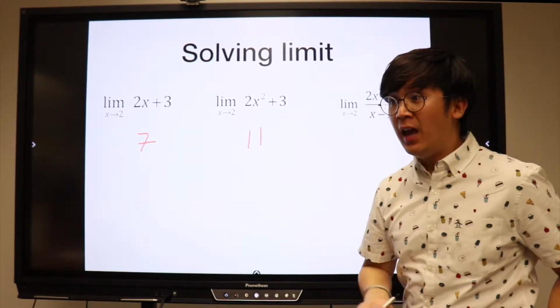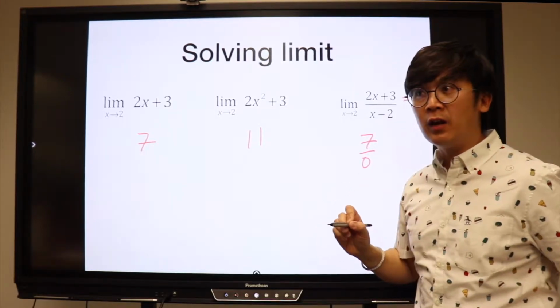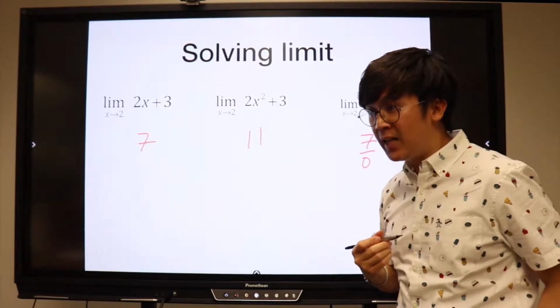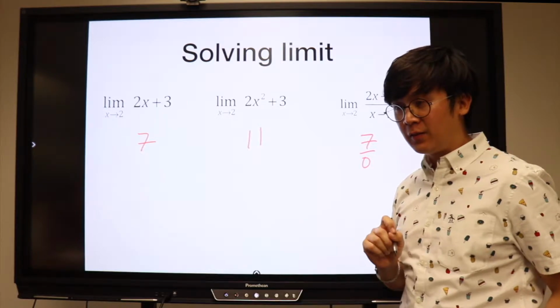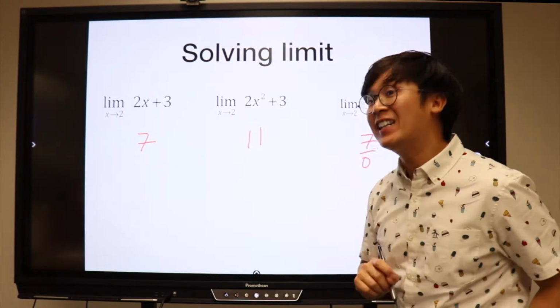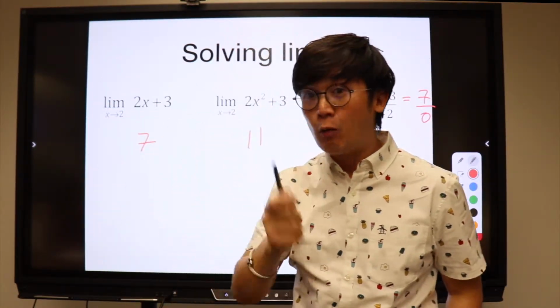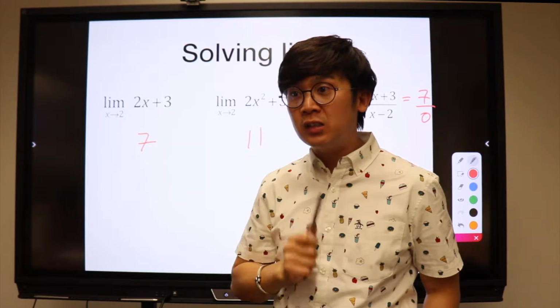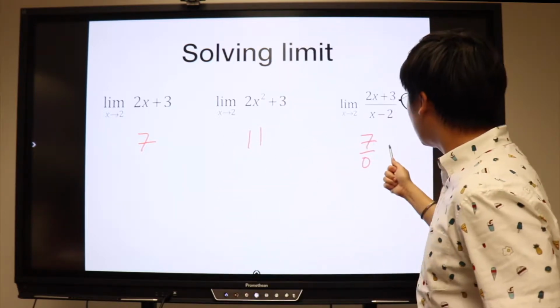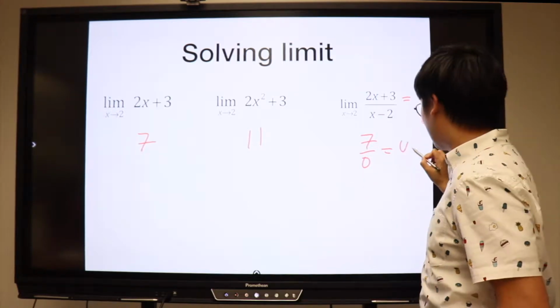7 over 0. So if the limit is 7 over 0, is this considered indeterminate? Yes or no? No. Indeterminate is 0 over 0. So that is the special case that I want you to remember. 0 over 0 is indeterminate. So if this is not indeterminate, what is this then? Undefined. Yes, undefined.